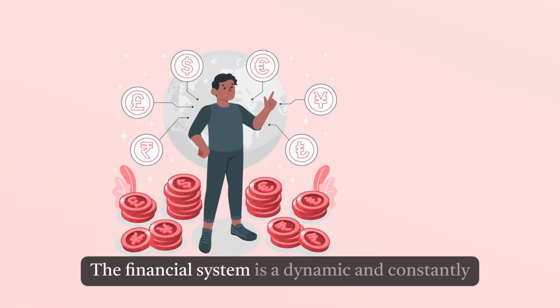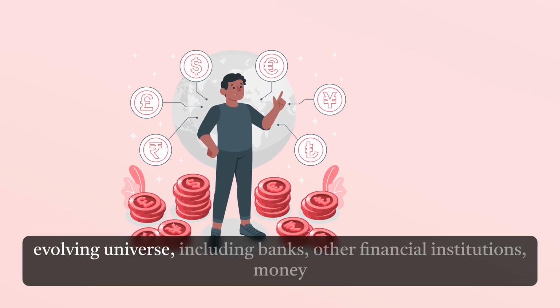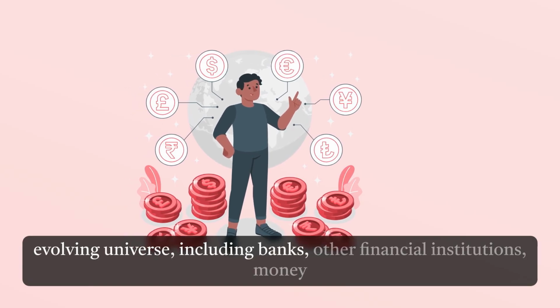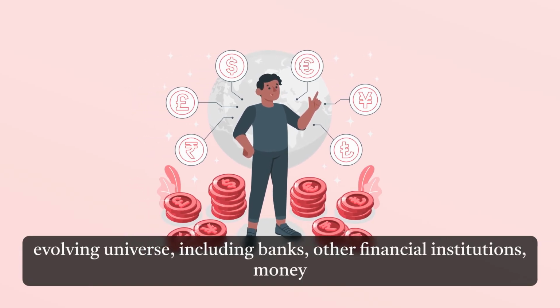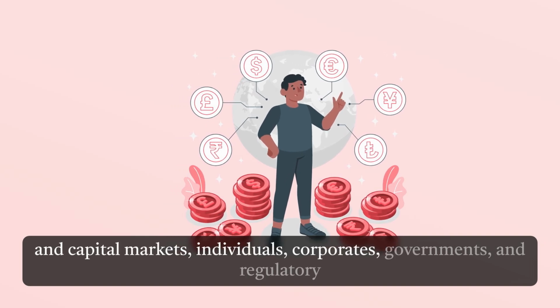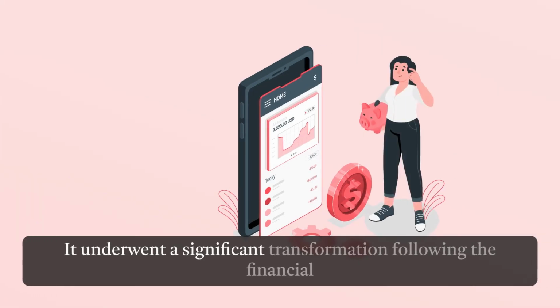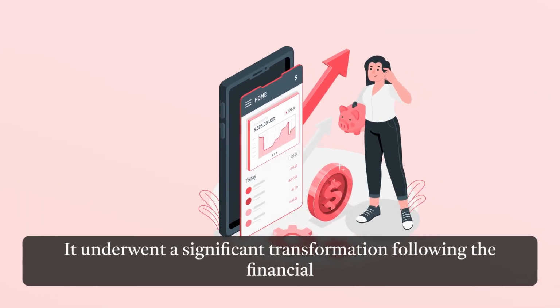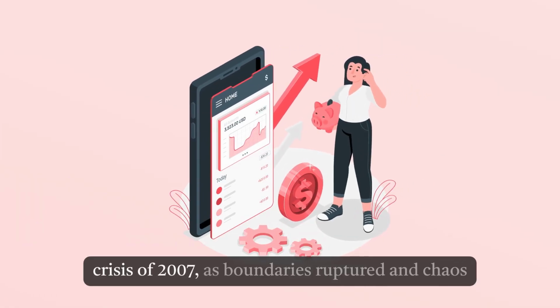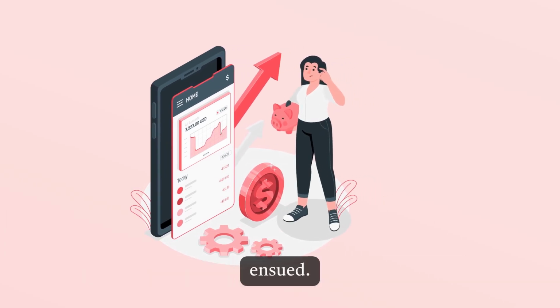The dynamic and complex financial system. The financial system is a dynamic and constantly evolving universe, including banks, other financial institutions, money and capital markets, individuals, corporates, governments, and regulatory bodies. It underwent a significant transformation following the financial crisis of 2007, as boundaries ruptured and chaos ensued.